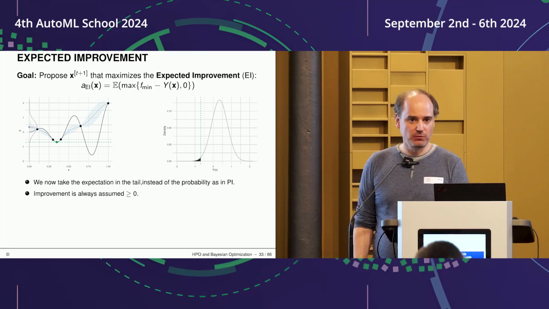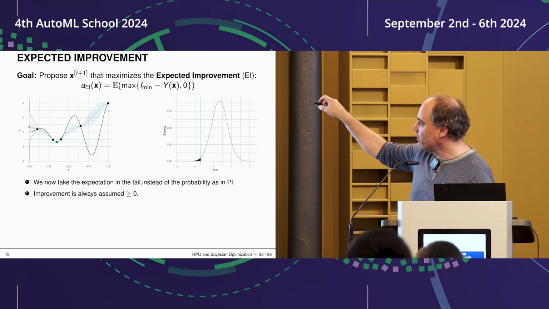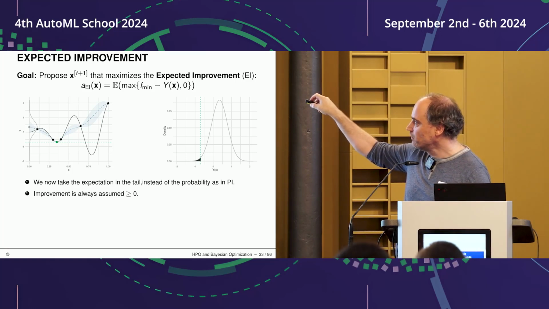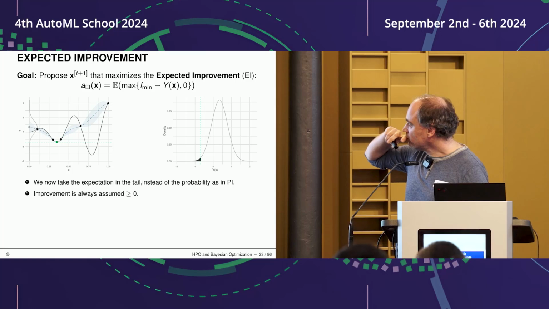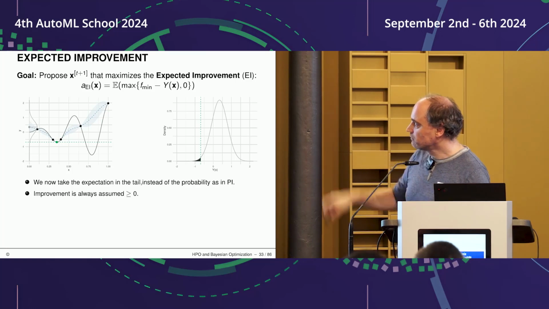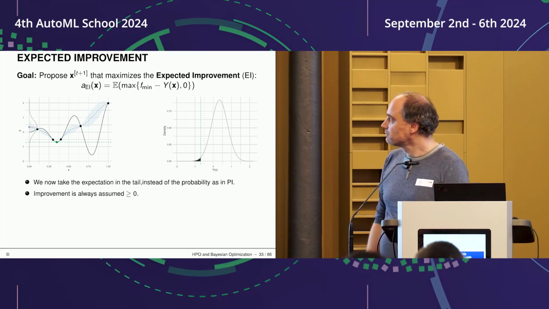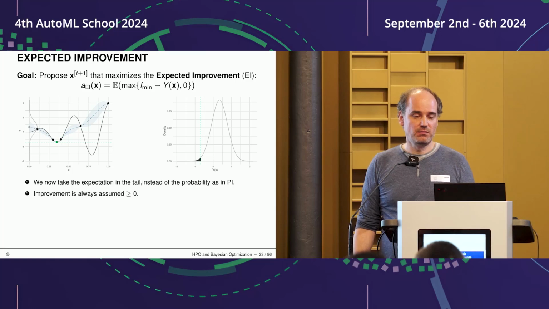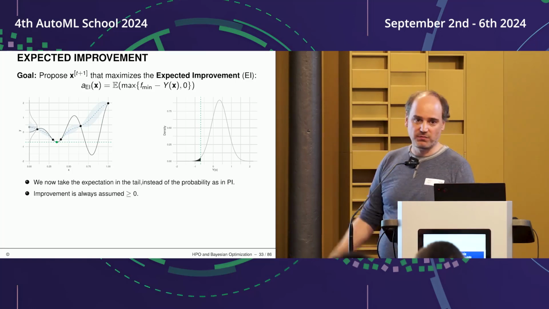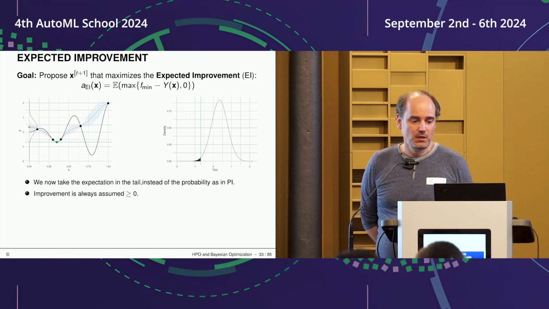So what we do is we write down f min, our incumbent value, minus y, and then we clip this at 0 and evaluate the expected value of this. So this is a constant, this is a random variable.